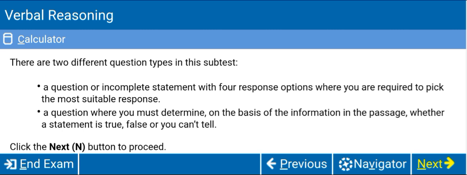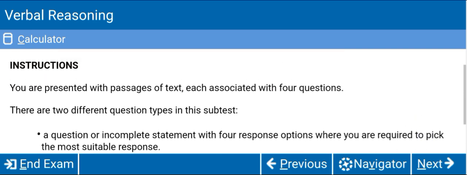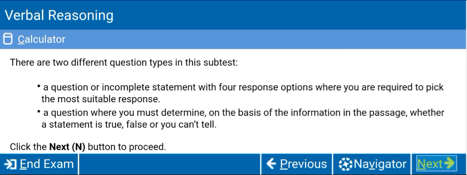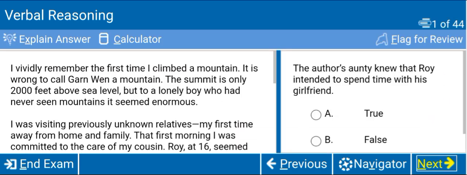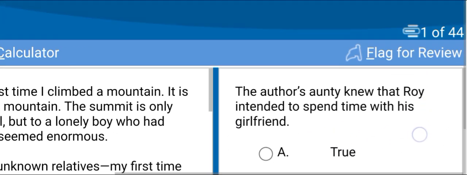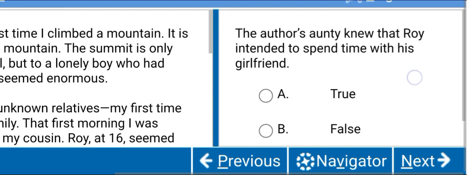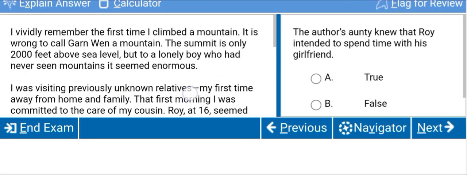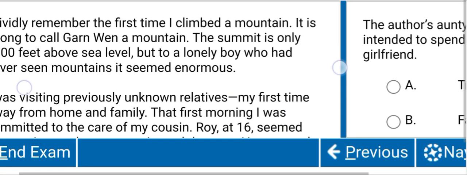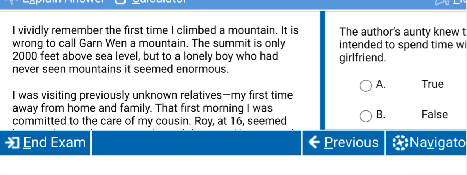So here we have a first question out of 44. It also had 44 questions. This one is question number 1. So here we have some passages given which you can take a look at.